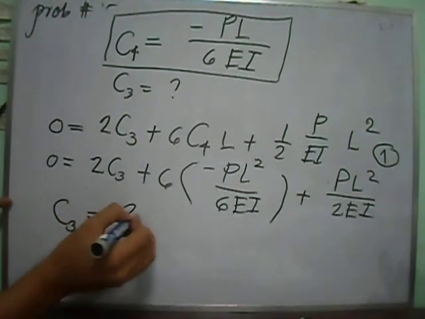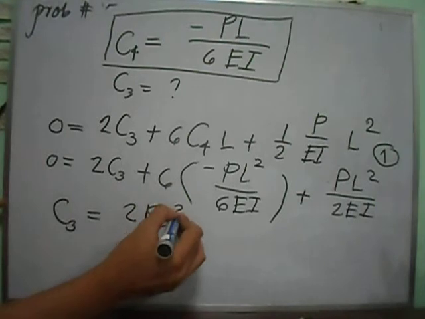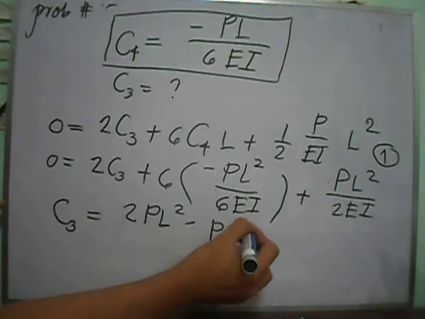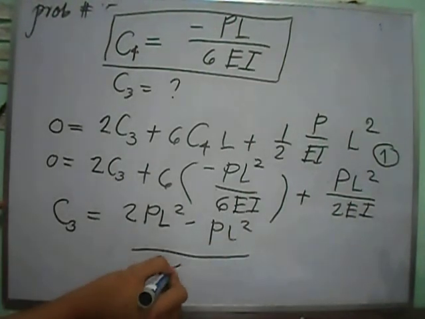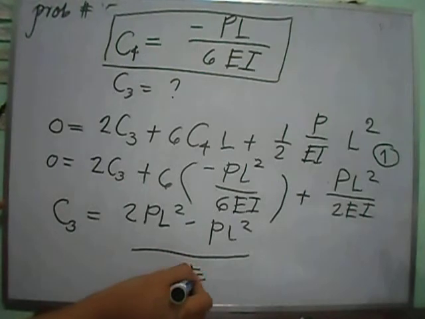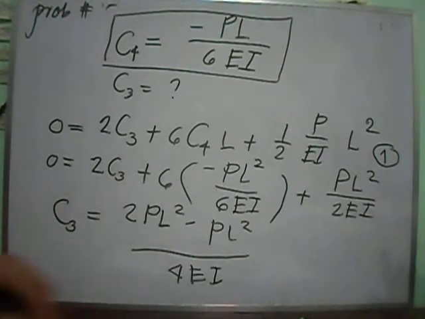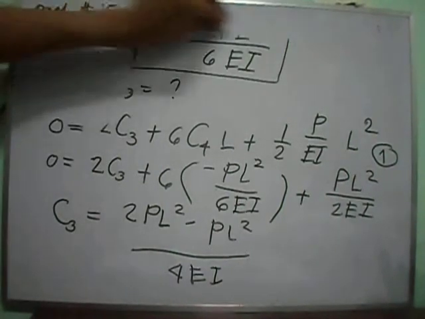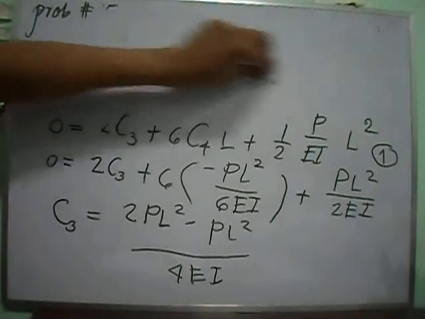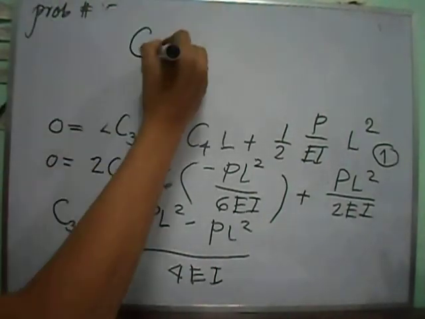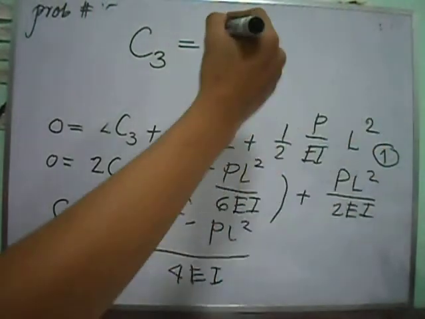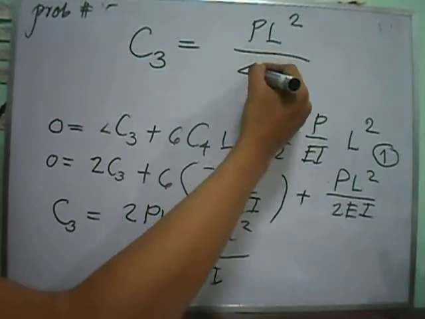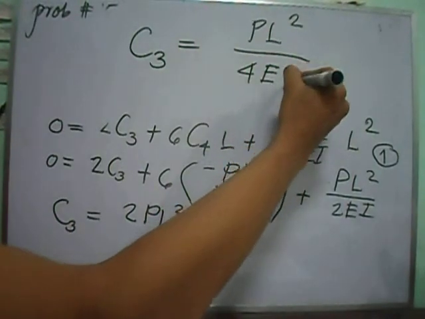We'll get 2PL squared minus PL squared all over 4 E times I. Okay, then if we further simplify this one, C3 now becomes P L squared all over 4 E I.